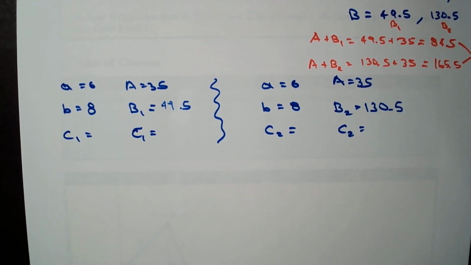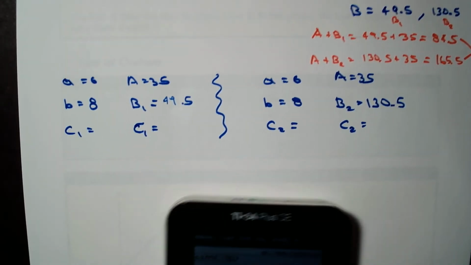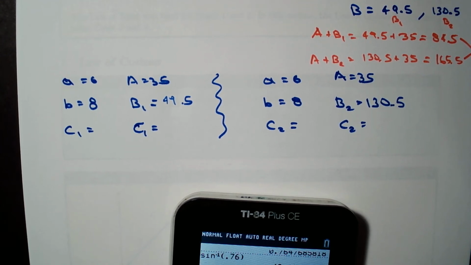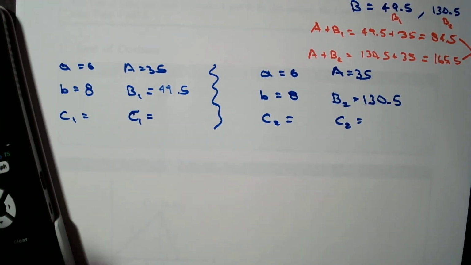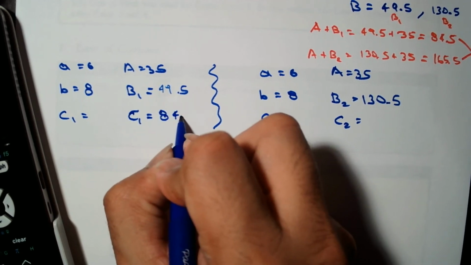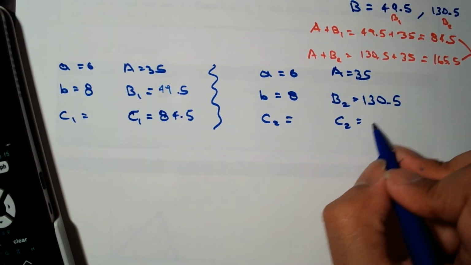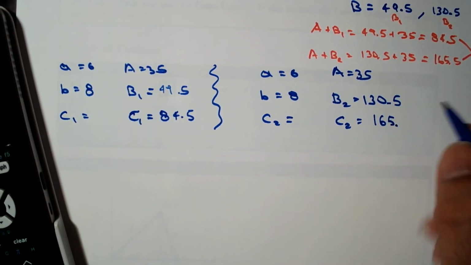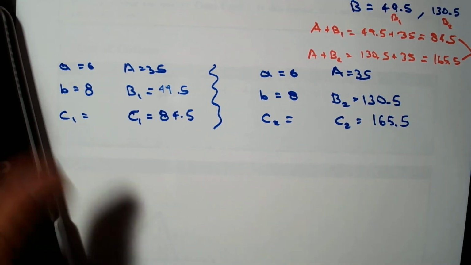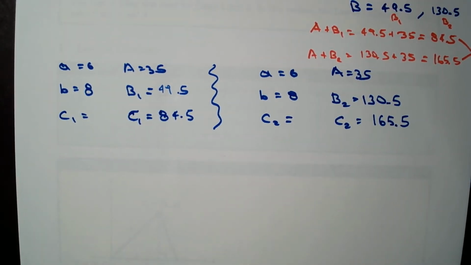35 plus 49, okay, it's 184. Oh, I got it already. 84.5 and 165.5. So the picture for this, one of these is an obtuse angle, the other one is an acute angle.